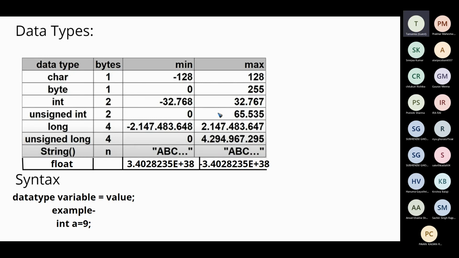Then there's float for storing decimal values, char for storing alphabets like capital ABCD, small ABCD, and the string. The space needed for string depends on the length of the string.